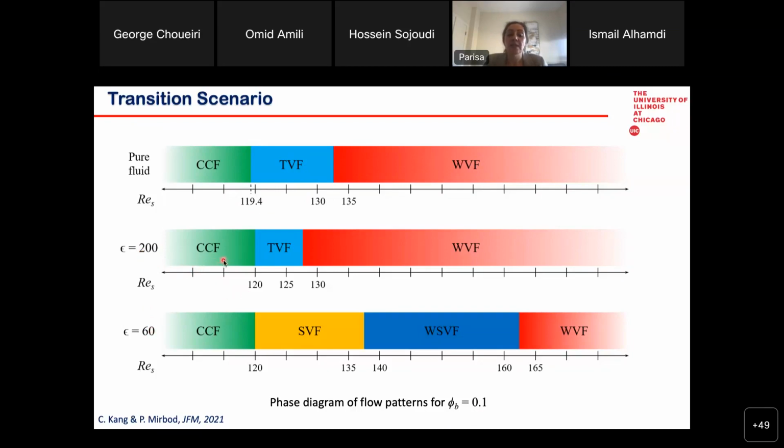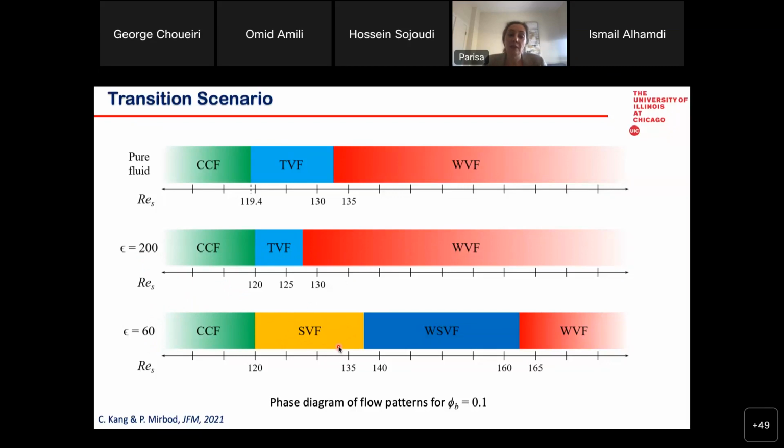We could see that still the same scenario happens: CCF, TVF, and WVF. However, by changing the size ratio, another scenario, a spiral vortex flow, occurs in that case that we couldn't see for other scenarios.